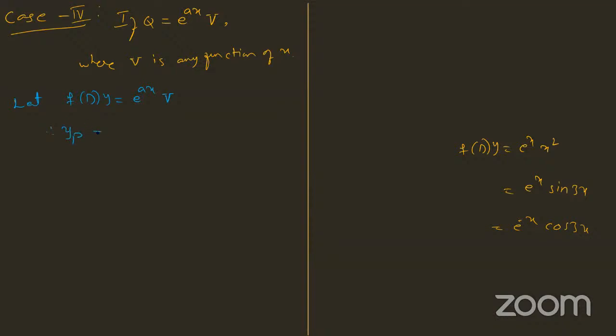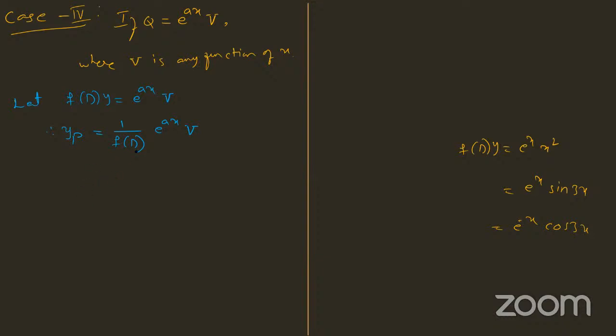Particular integral yp is equal to 1 by f of d, the regular way, operating on e to the power of ax multiplied by v. As I said, this v can be either an algebraic expression or a trigonometric function. We cannot take the other things because we have not discussed the techniques when the functions are other than those two.